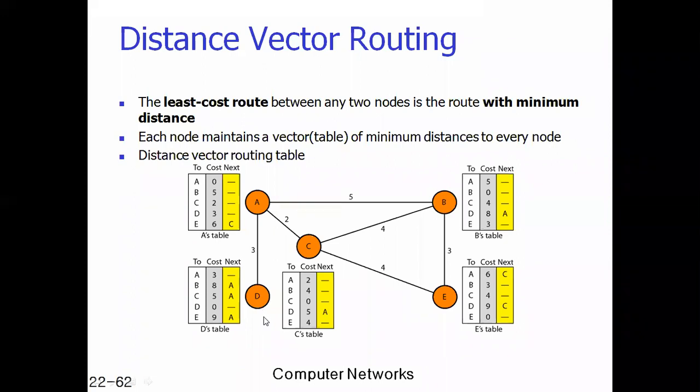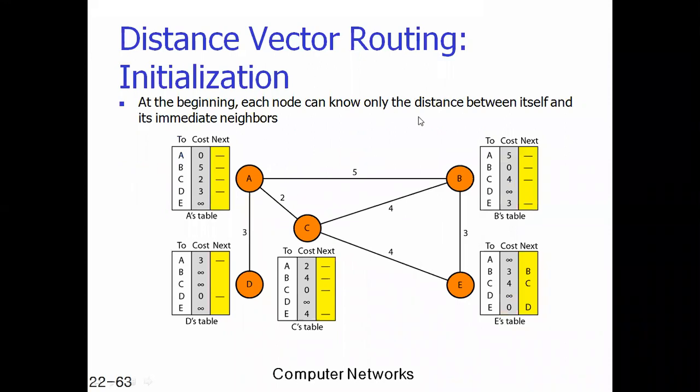But actually it is not so easy, because initially each node knows only about itself and its immediate neighbors. Imagine these are routers. If you connect one router with another, the router gets information about the immediate router connected to it, but not about a router beyond its connectivity. A cannot know about E because it is not directly connected, but A is connected with C, so it gets information from C, not directly from E. So the first step is initialization.